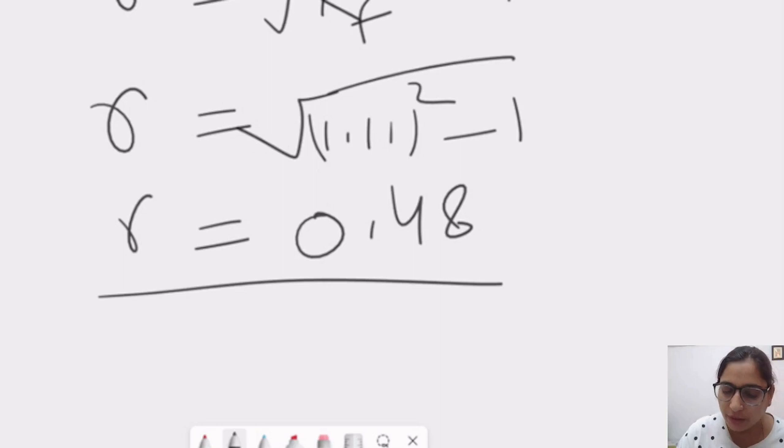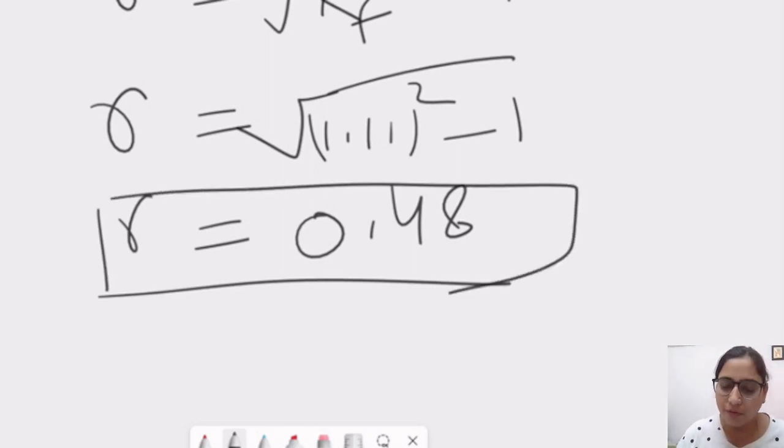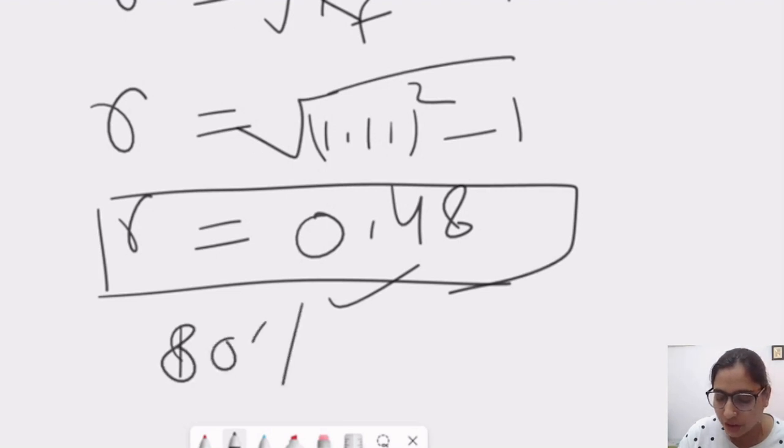For the full wave rectifier, we just calculated the ripple factor, which is less than 1, and it is 0.48. So it is very low compared to half wave rectification. It means the efficiency is more in full wave rectification. Efficiency of half wave rectification is nearly 40% and efficiency of full wave rectification is 80%.